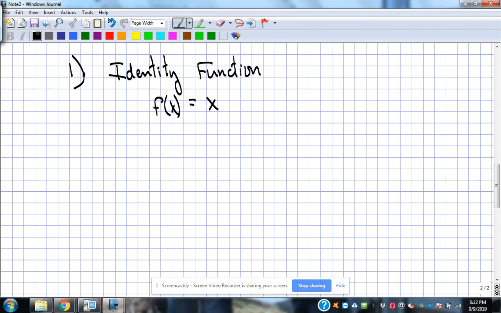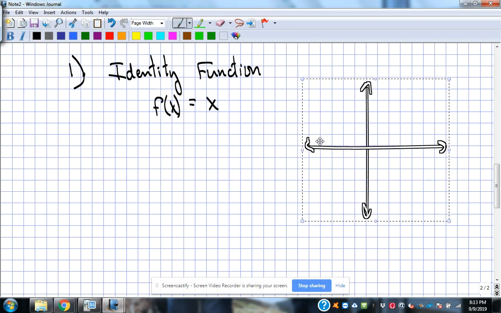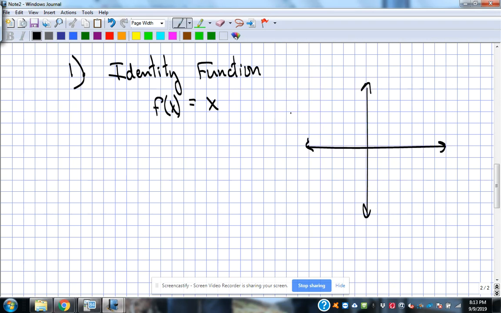The graph of that, I'm just going to draw a small coordinate plane over here. I'll plop one of those that I copied and pasted a while ago on there. All right. The graph of that goes straight through the origin. Whatever x is, the y is the same number.